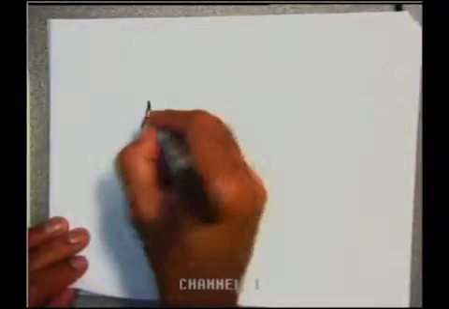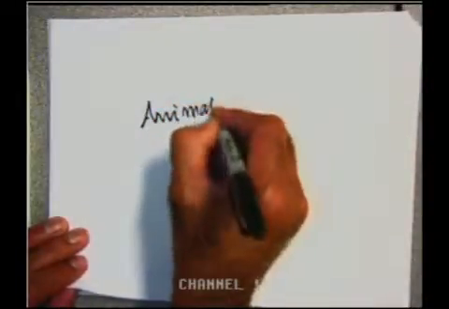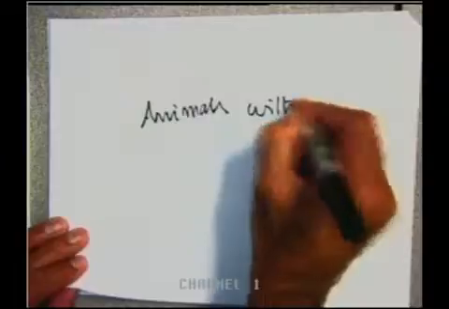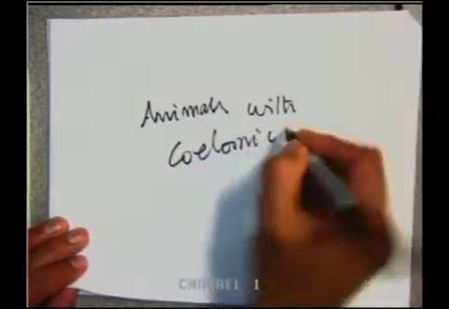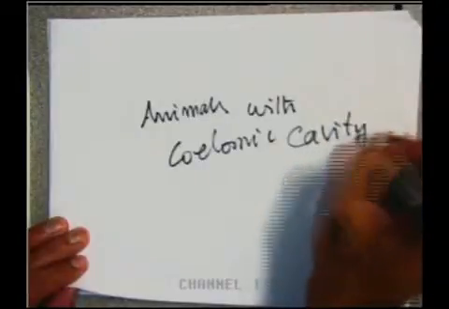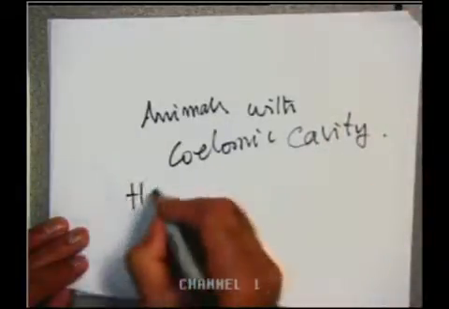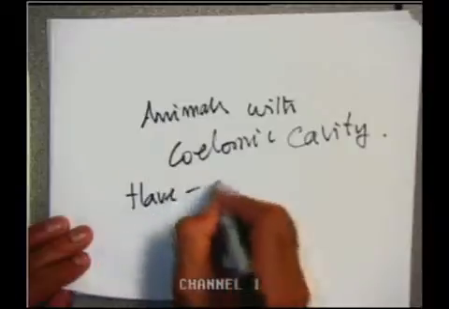Okay. So in that case, we need an animal with a coelomic cavity. They have a circulatory system.